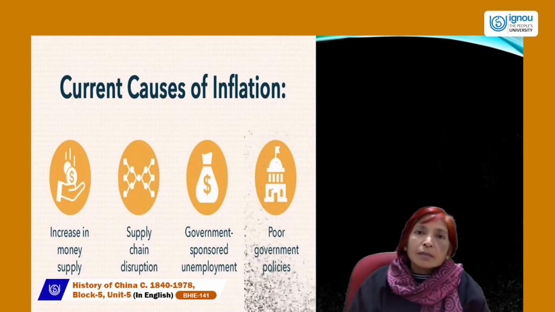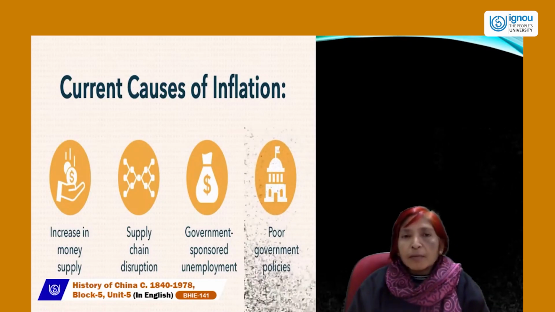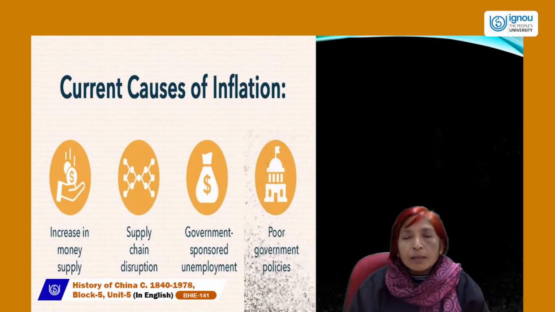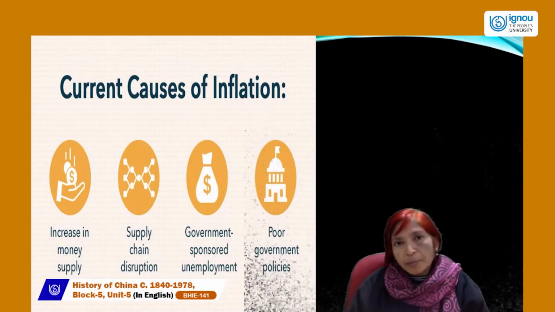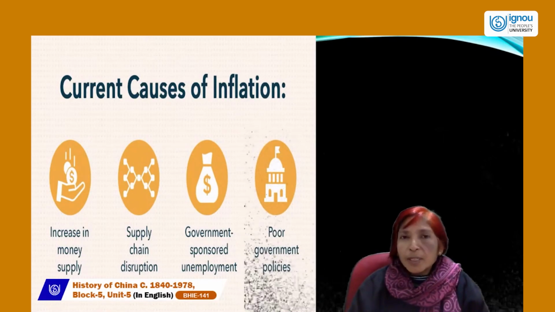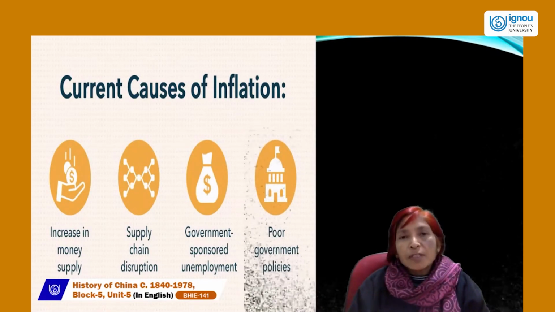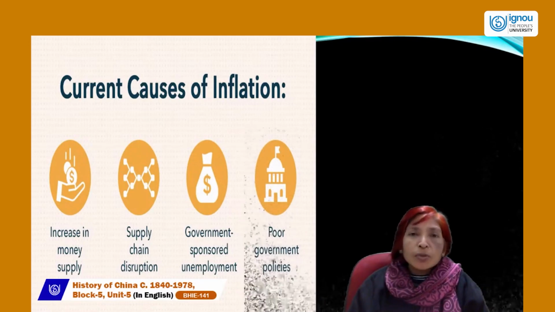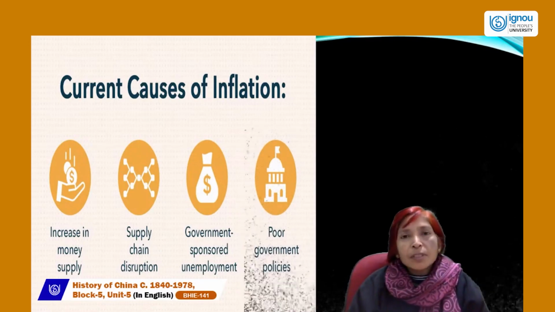Whenever government expenditures are more than government revenues, then the government makes a deficit budget. And in case of deficit budget, to compensate this deficit, RBI issues more paper currency, coins, notes, etc.